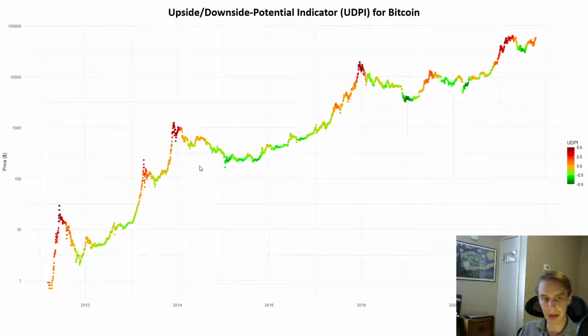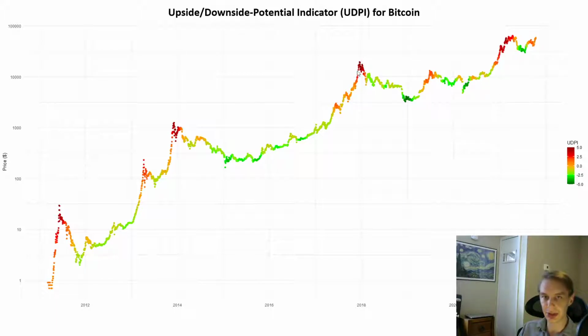If we look at the history of Bitcoin and how the model has predicted these moves in the past, what we see is that it does a pretty good job of calling out these tops or inner cycle tops, and then also calling out these cycle bottoms, the bottoms of these bear markets, as having potentially very high upside potential but low downside.